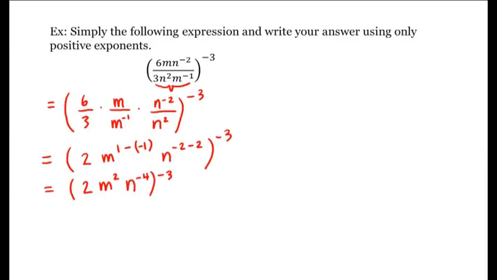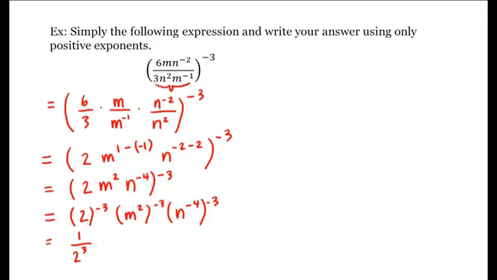negative third. And then by the power of a product rule, we can raise each of the factors to the negative third power. Which is equal to 1 divided by 2 to the positive third power by our negative exponent rule.